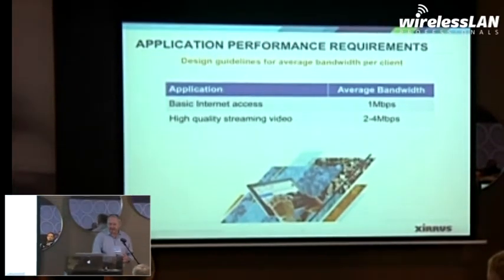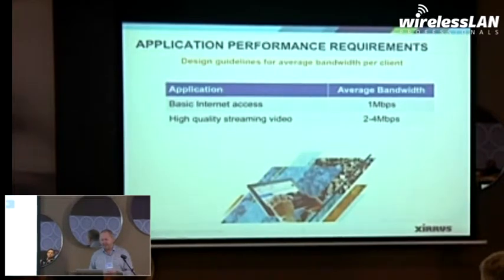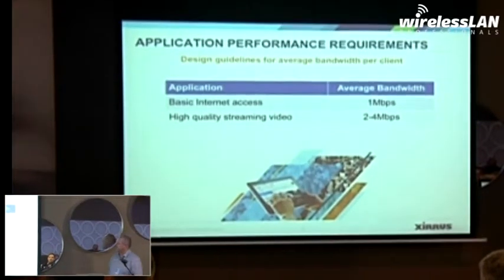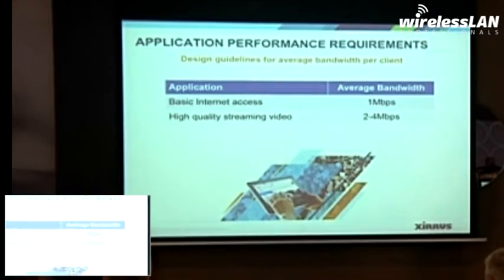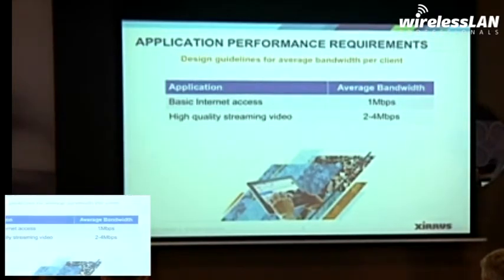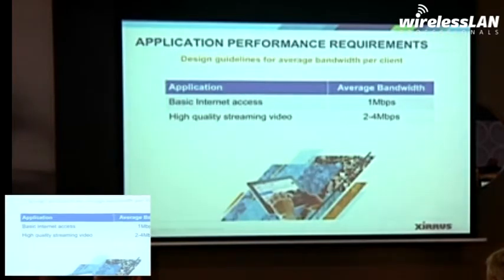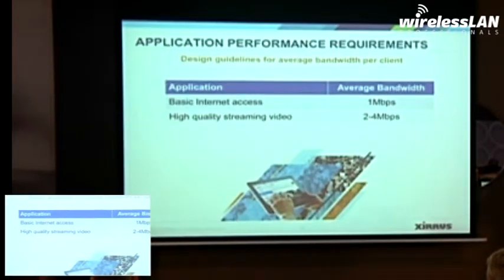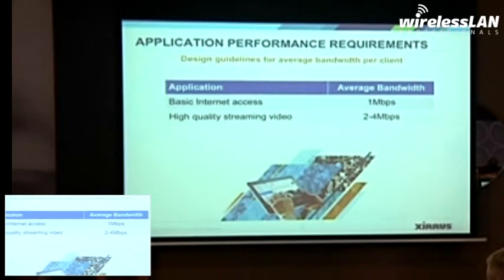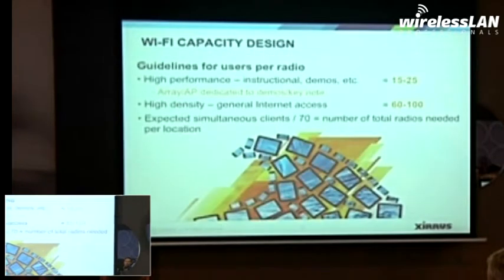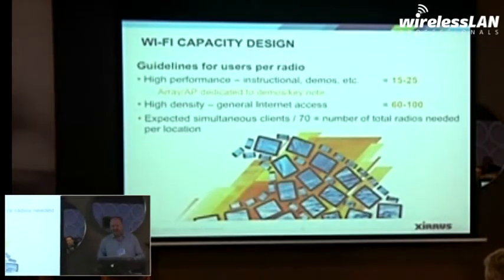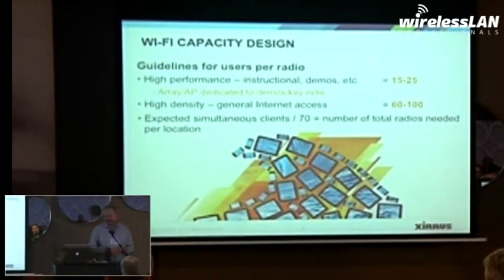What I use as design principles for bandwidth for events is 1 megabit per second per user for basic internet access. And if you want to do video, I take 2 to 4 megabits per second. Some guidelines, this is from a real event.